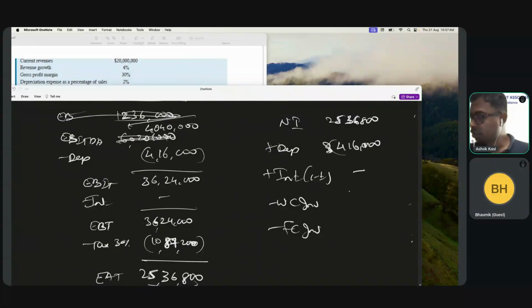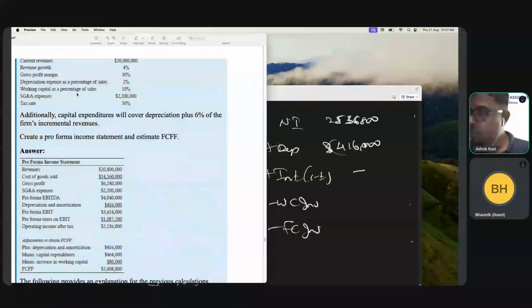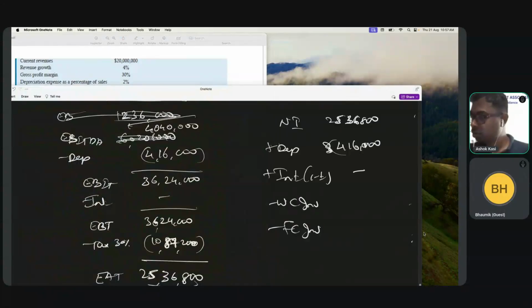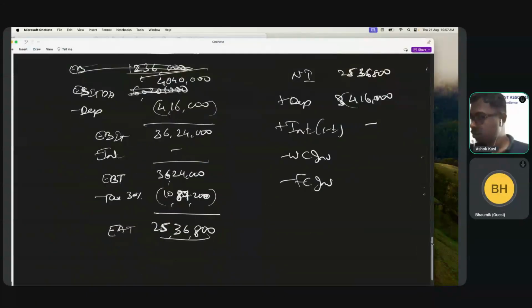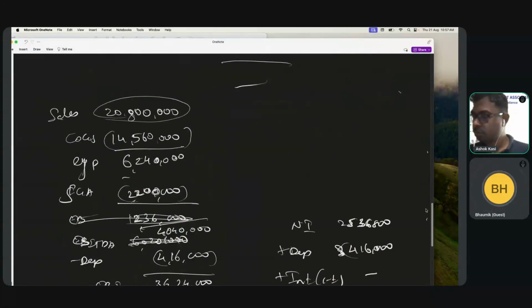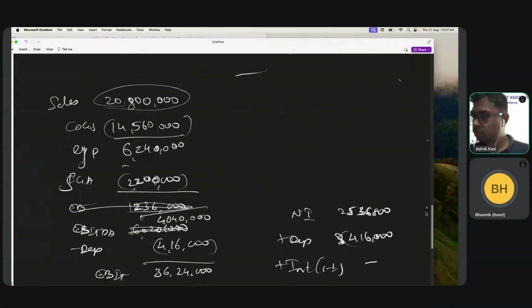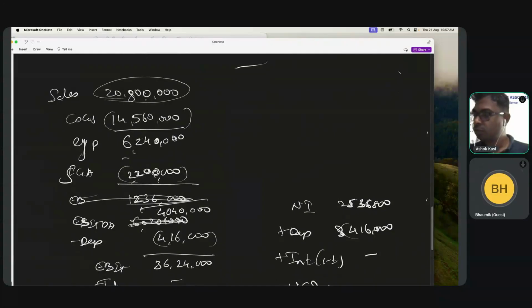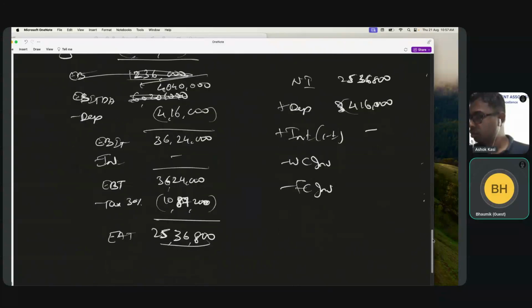Interest is nothing. Working capital is 10% of sales, which means 208,000.